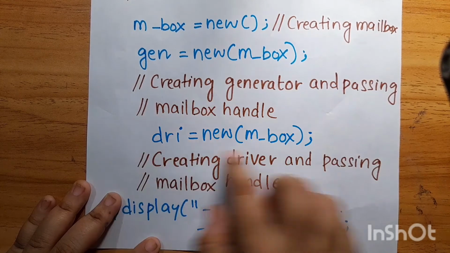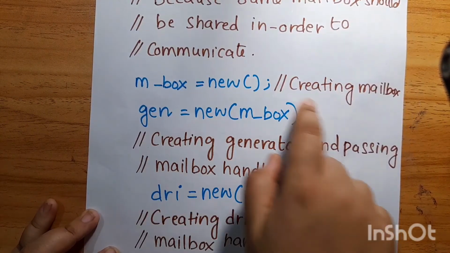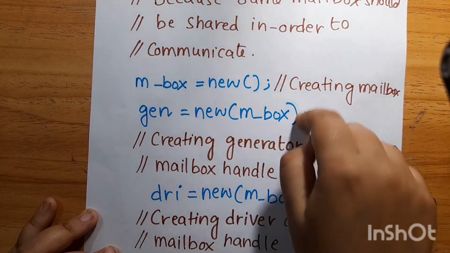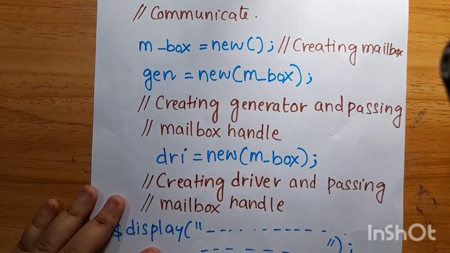Here also, in the gen case, we were passing the handle of the mailbox. The same mailbox handle has been passed to the driver also. While constructing the driver, the same handle will be used.